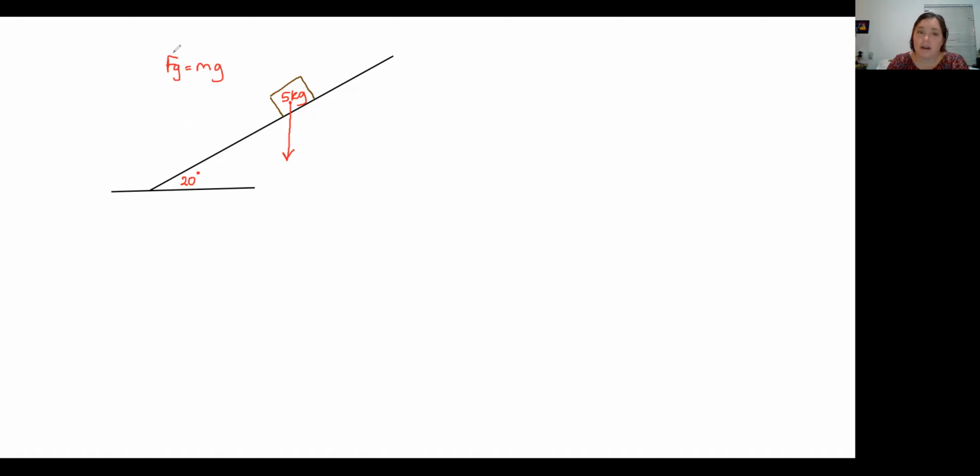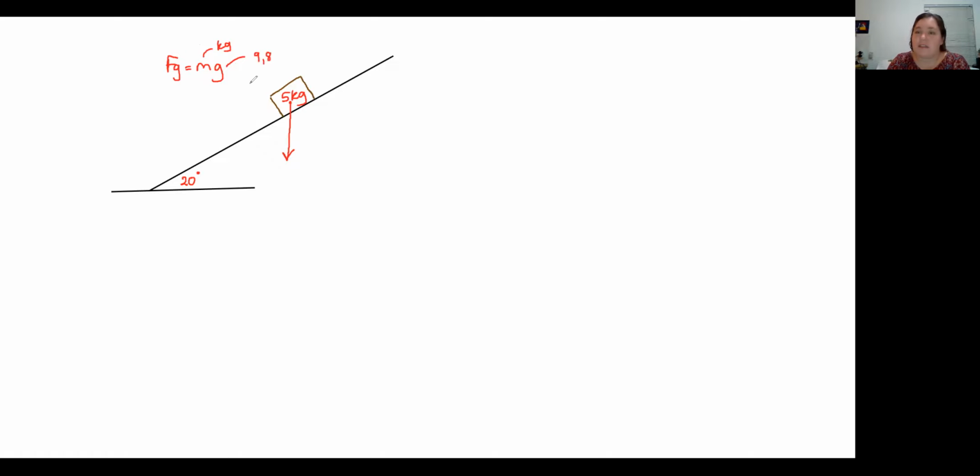Please note you are allowed to use Fg, which is force due to gravity, or W, which stands for weight. It's one of those ironic things where years ago we used W, and then there was a change where everybody used Fg, and at the moment there are people who are using both, but I go with using Fg. And our weight is always going to be our mass in kilograms multiplied by the acceleration due to gravity, which is positive 9.8.